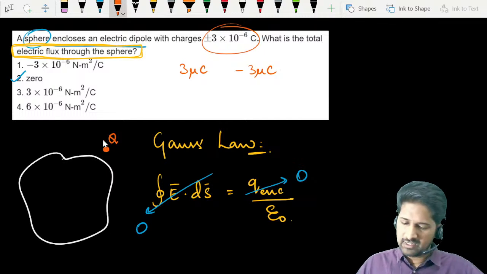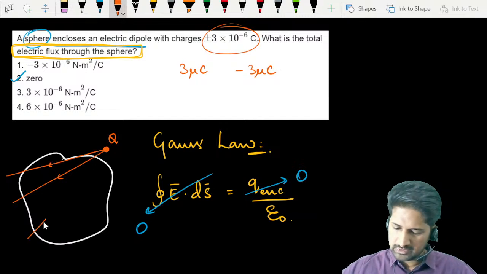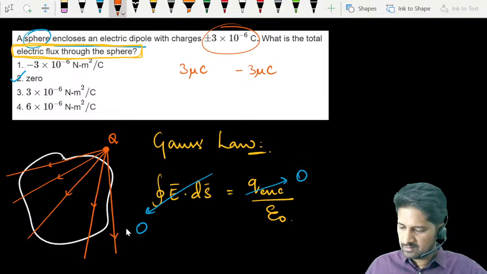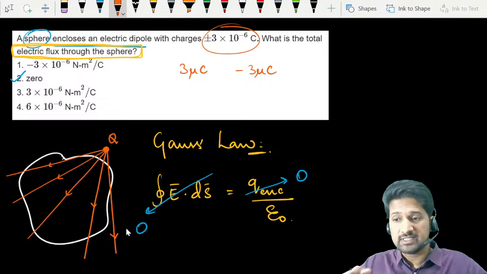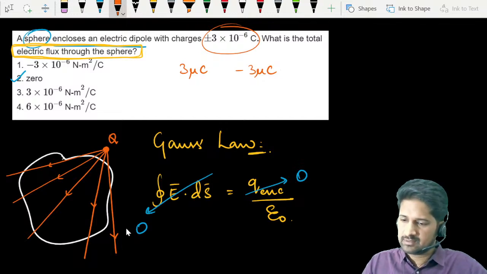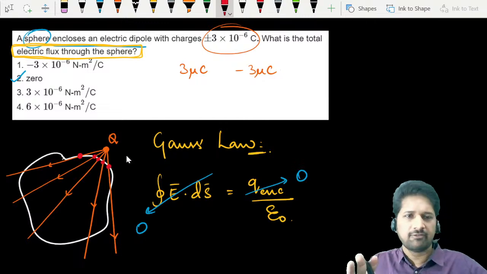Visualize the electric field lines produced by the charge Q. Some of them will be passing through the surface like this. What we wanted to discuss is why external charges do not contribute to the net electric flux through a closed surface. Now observe carefully. There are some points on this surface where the field lines enter the surface. Precisely, there are 5 points here.